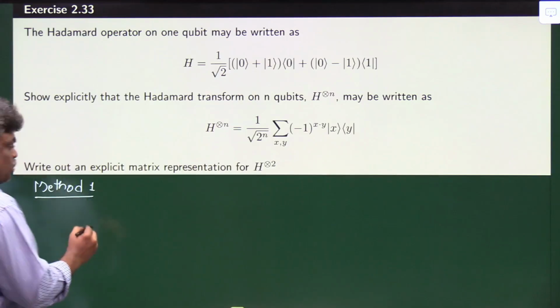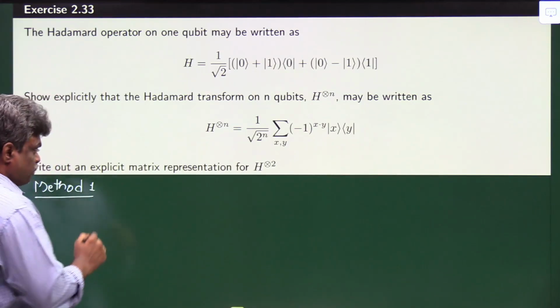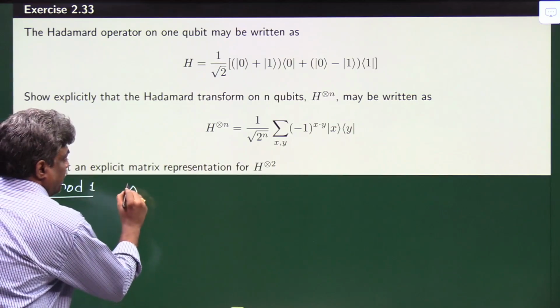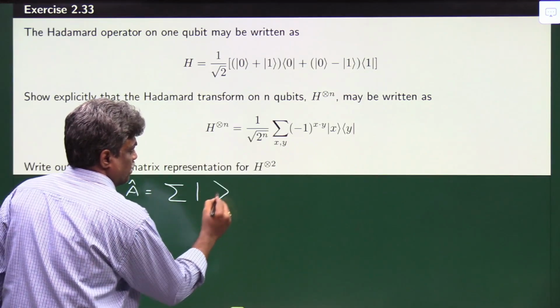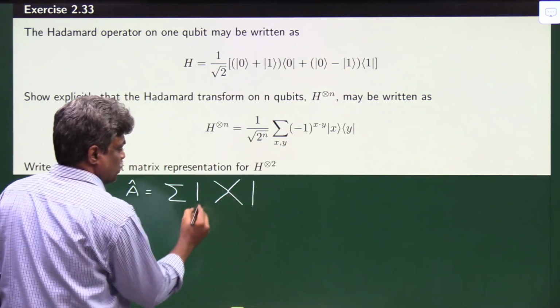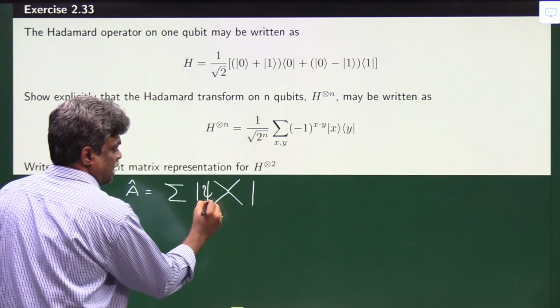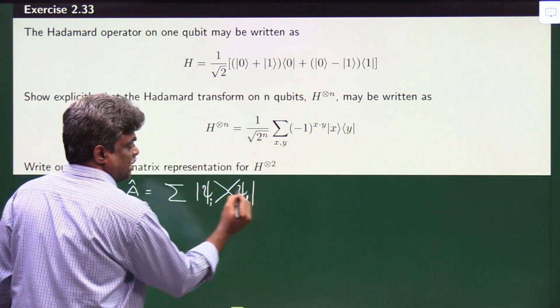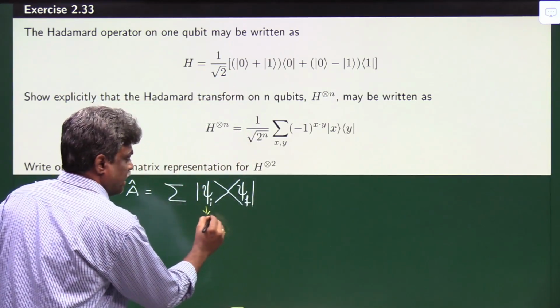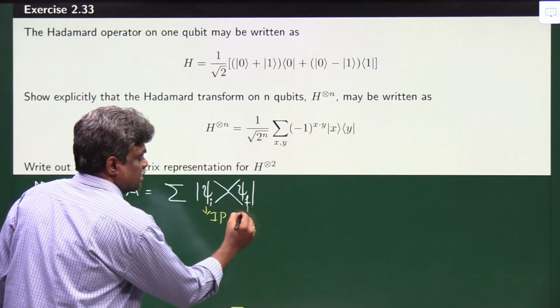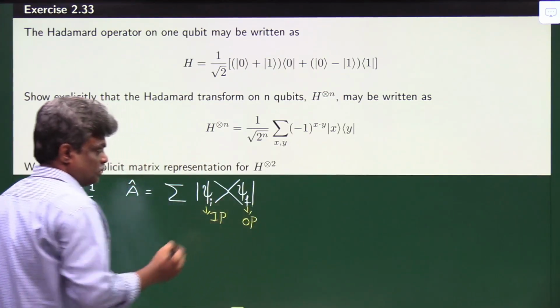Here I am using the outer product form. Any operator can be written in the outer product form like this. Here we will take psi initial and here we will take psi final, or otherwise you can take this as input and this as output.